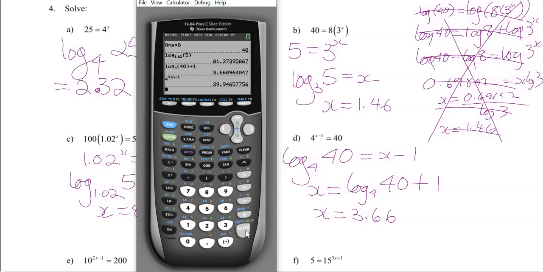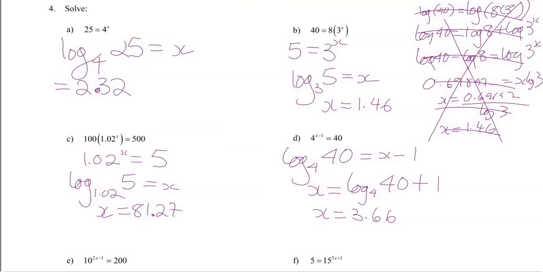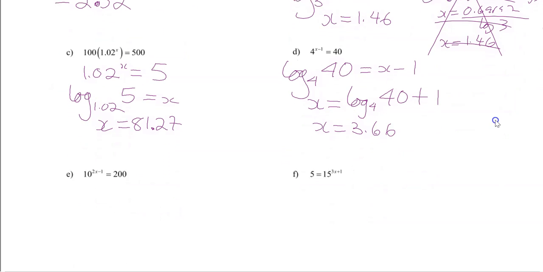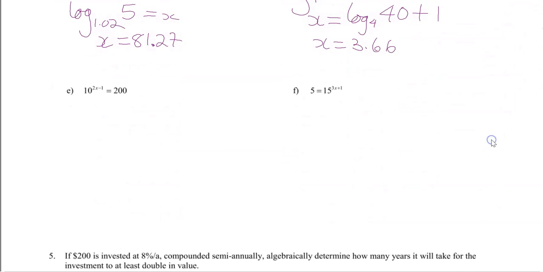If I went 4 to the power of and pulled this whole number in, and then subtracted 1, what am I going to get? 39.999, which is 40. So with the rounded value, we're close, 39.95, within 100, we rounded to 100. Okay, give it a shot.